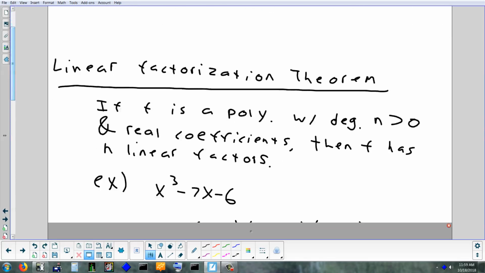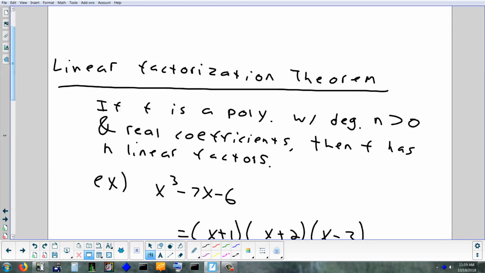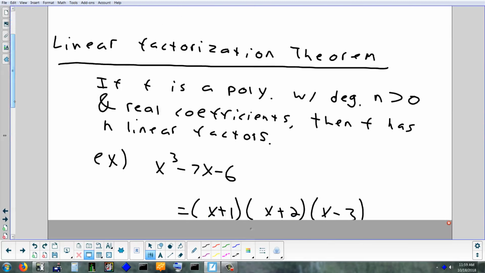So if you were going to factor a cubic, it would have 3 sets of parentheses. Whatever you're factoring, look at the degree, as long as it's greater than 0. This doesn't apply if it's degree 0. But if it's quadratic, cubic, anything higher than 0, you will have that many factors.